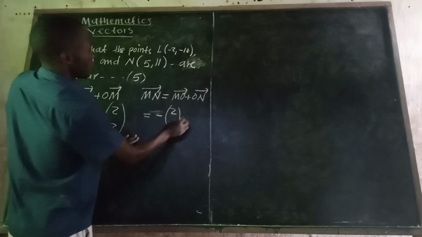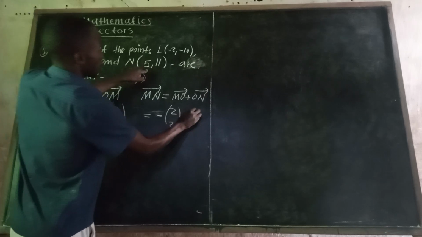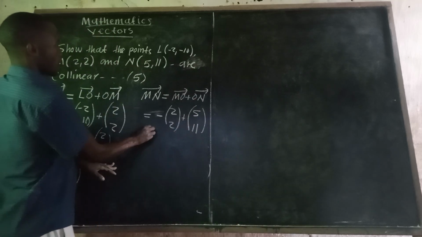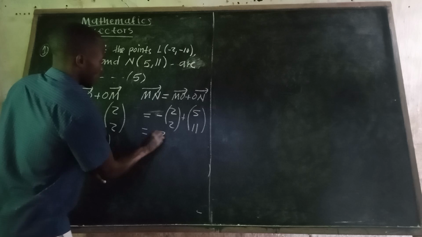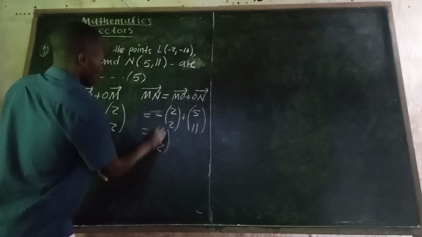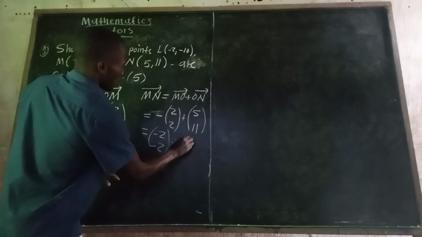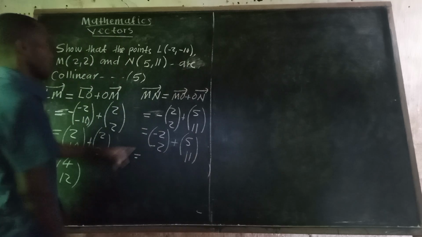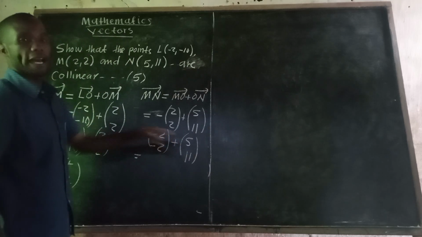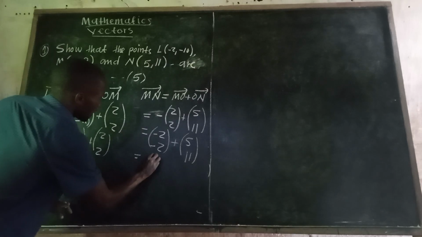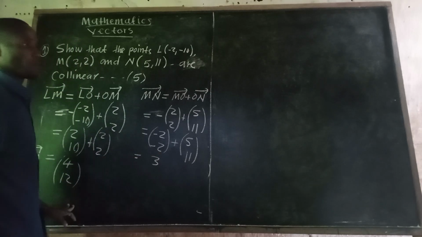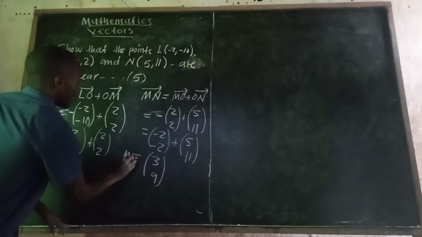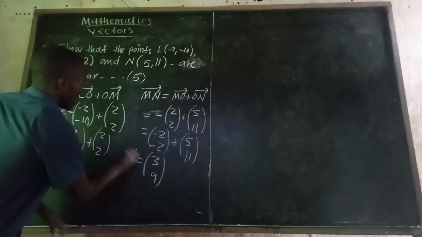Then plus N, which is (5, 11). Then from there, this will have negative (2, 0) plus (5, 11). Negative 2 plus 5, the answer is 3. Then negative 2 plus 11, the answer is 9. So this is our vector MN.